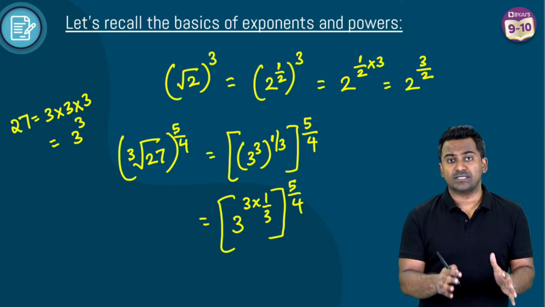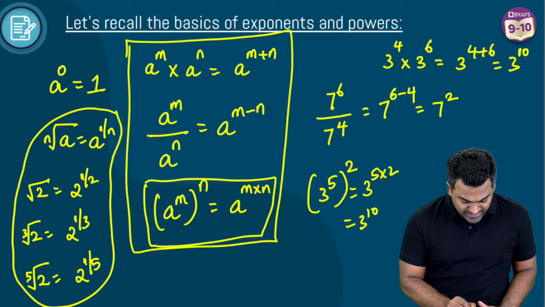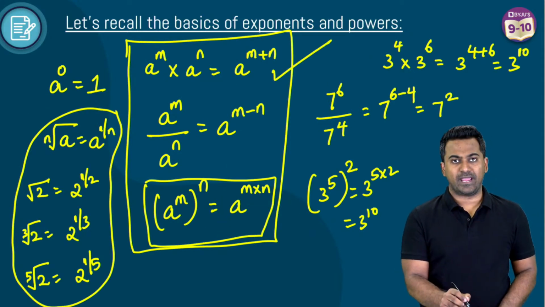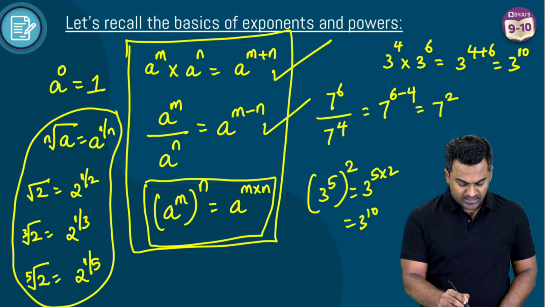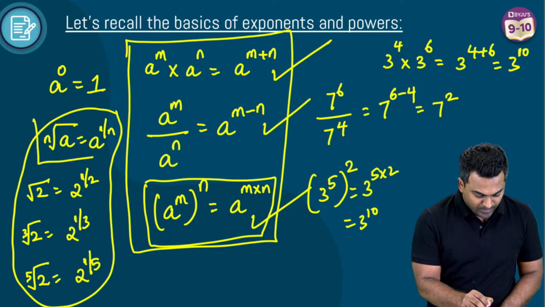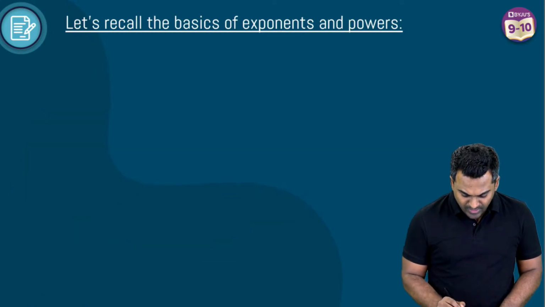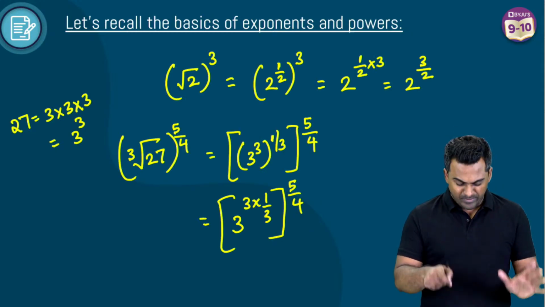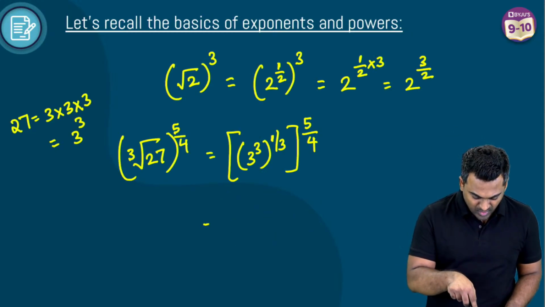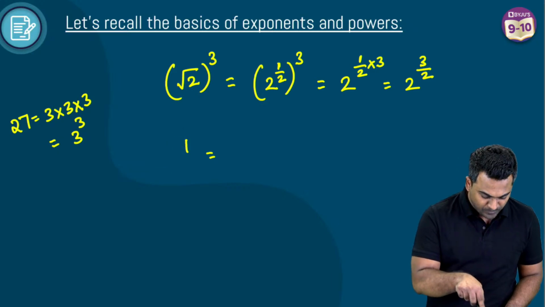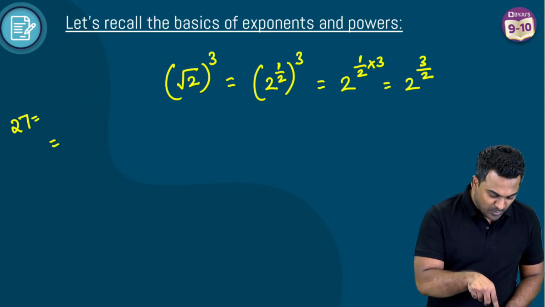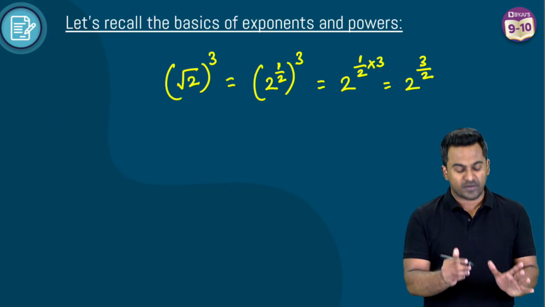So all of this is simply based on these simple rules. First, a power m multiplied with a power n, a power m plus n, then this one, and then you've got to remember this. Now there are certain numbers that you've got to memorize, guys. They are going to be really very helpful to you, especially in this topic, and then certain questions that will come from this chapter.